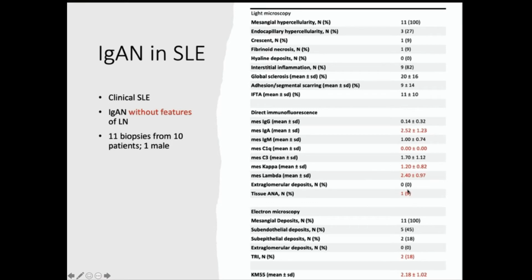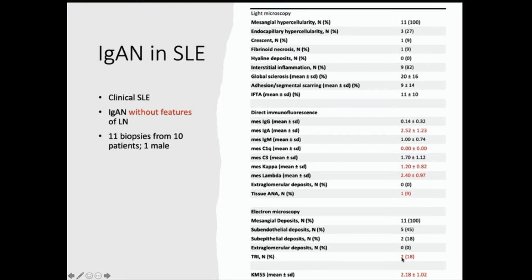What's interesting is that we had one patient with positive tissue ANA. As we previously reviewed, tissue ANA is seen in patients with lupus, but that does not mean the patient has to have lupus nephritis. Also, tubuloreticular inclusions, which can be seen in lupus nephritis, in HIV, and even in CMV infection, were detected by electron microscopy in 2 of our cases.